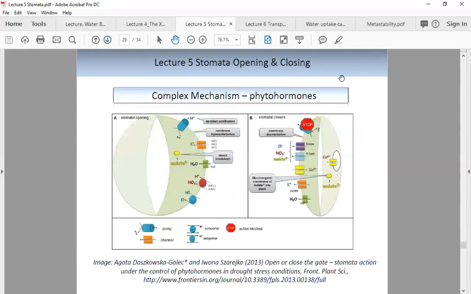Stomata opening and closing. What drives the opening of stomatal guard cells? So just looking at this image to the left. Pressure, yes. What initiates that pressure? What starts the process?